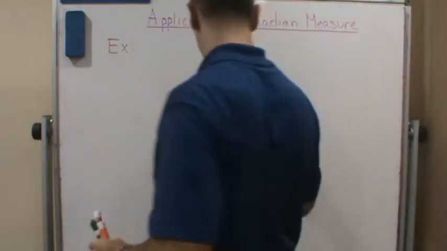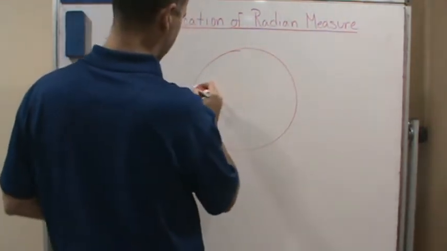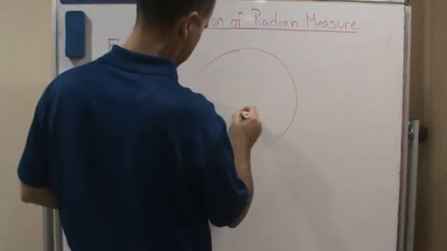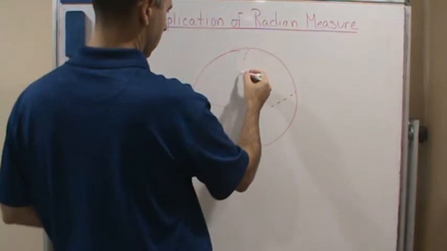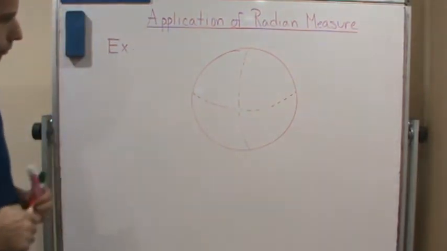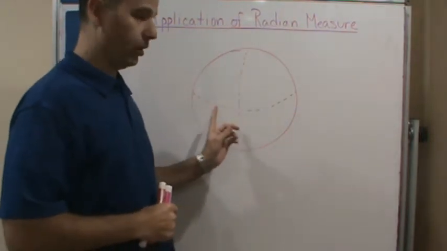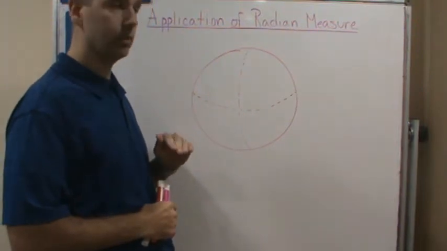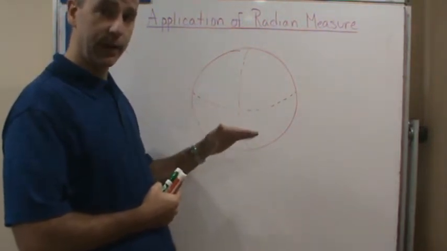If you look at the Earth, you look at a sphere. A great circle is the circle that's created when you cut a sphere in half.